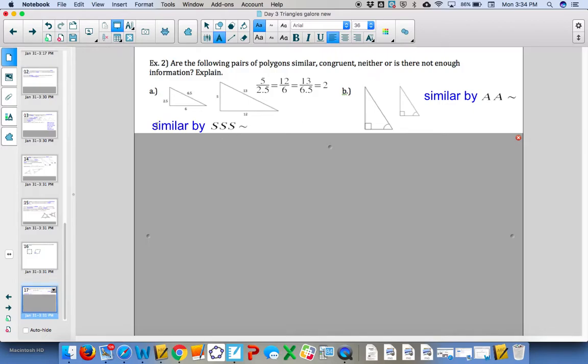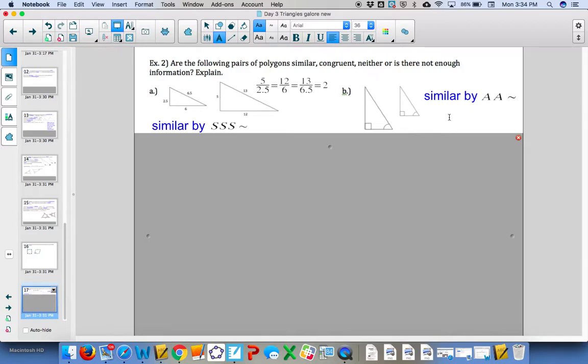So these two triangles would be similar just by side-side-side similarity. Again, I don't need any angle information. Just because the side lengths are proportional, that's enough for me to know the triangles are similar. On B, I have two corresponding angles that are the same, so those triangles would be similar by angle-angle similarity.